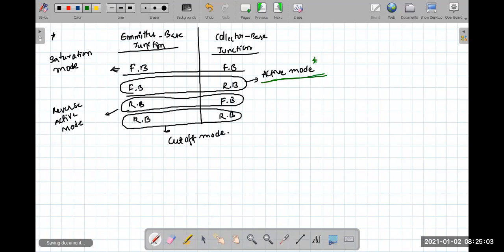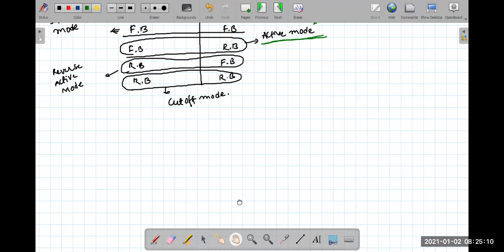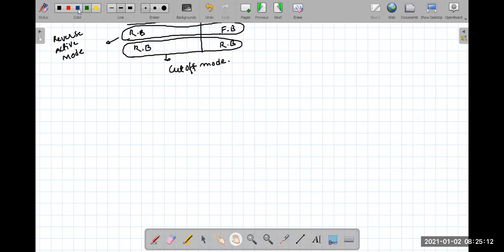Let's see how it is properly connected. For that, we use a particular type of connection called common base. It is called the common base configuration.